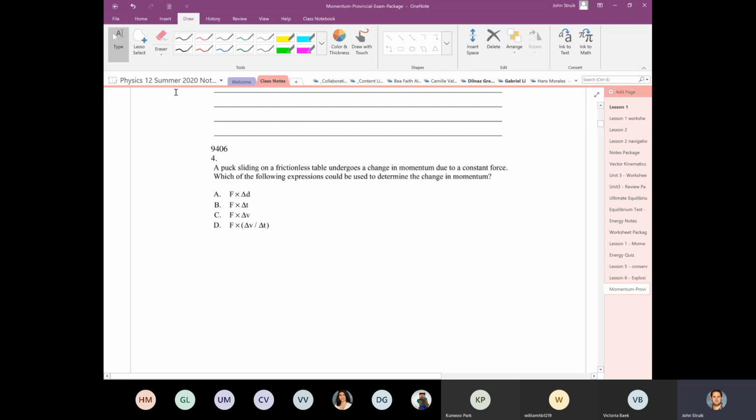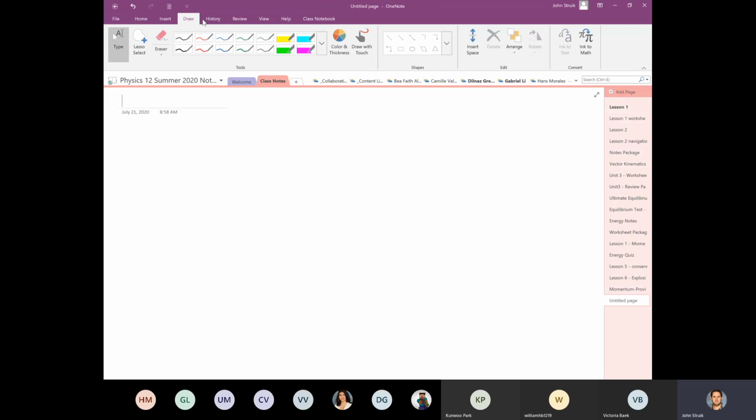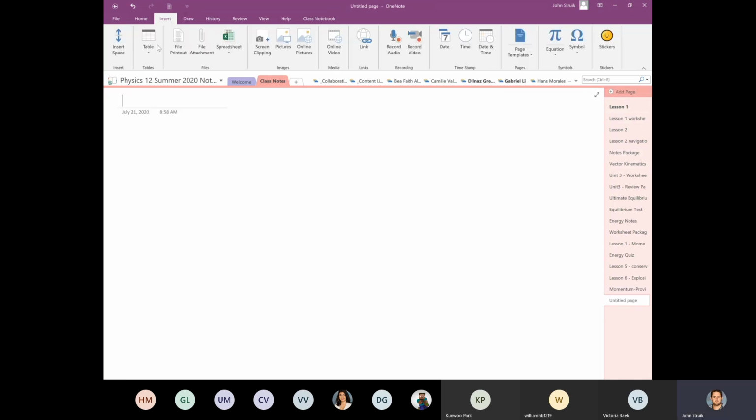So on your quiz page, it's going to look exactly like this with a couple pages here. All you have to do is add page and then go to insert, file, printout, and then just insert whatever your picture is or your file. Okay, that's all you have to do. And then name it.